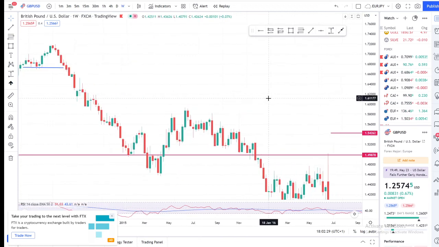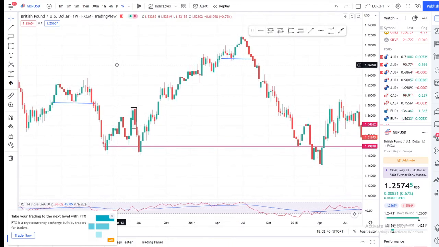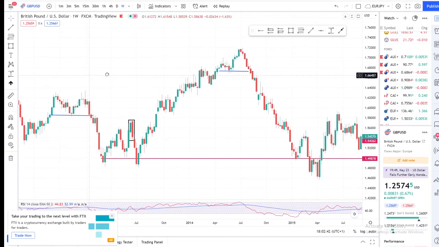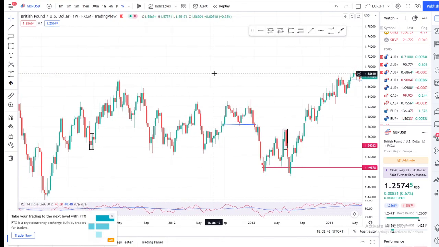We're trying to look for a shooting star or a hammer. And like I said, we always try to look for all of this at maybe the supply zone or the resistance zone or the demand zone.